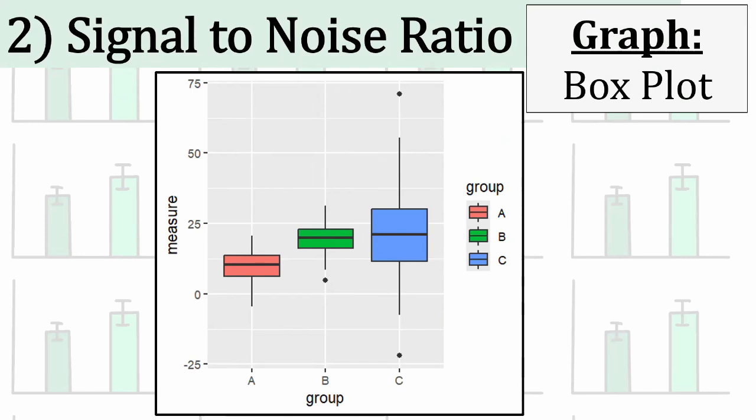Whereas group C draws from the same mean distribution. It's not quite the exact same mean, but it's drawn from a distribution with a mean of 20. So groups B and C essentially have the same mean, but then I bumped up the standard deviation to almost 15 or something like that.